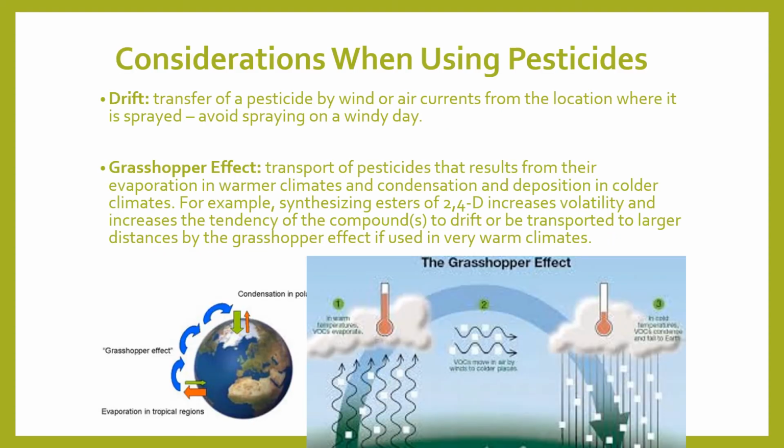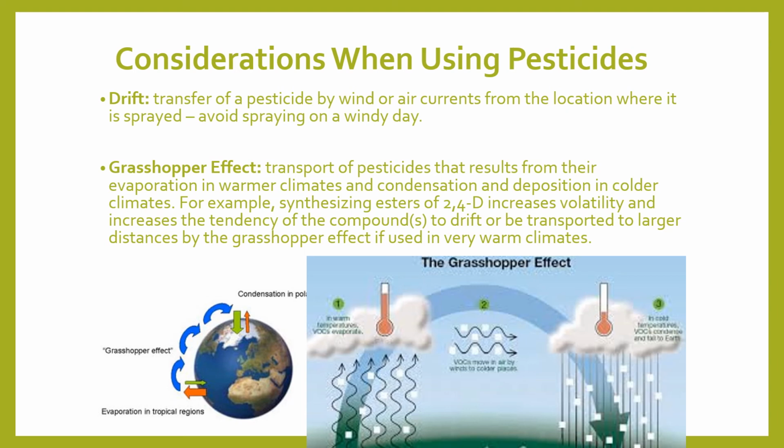The issues with using pesticides and this lethality is because they spread. There can be drift because of wind or air currents. Depending on how you're spraying, they just stay in the air and they can accumulate on a windy day. Or the big thing is called a grasshopper effect.